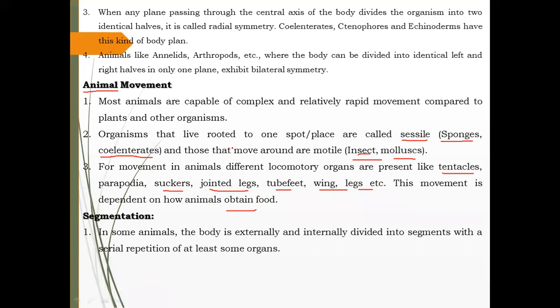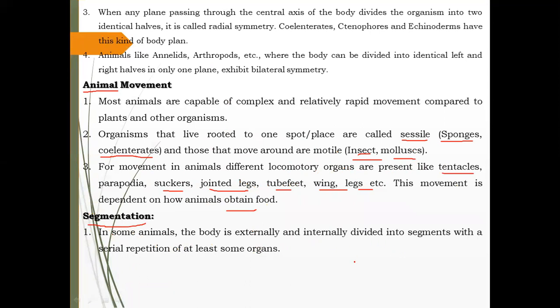The next important characteristic of kingdom Animalia is segmentation. In some animals, for example arthropodal animals, show segmentation. In some animals, the body is externally and internally divided into segments with a serial repetition of some organs.